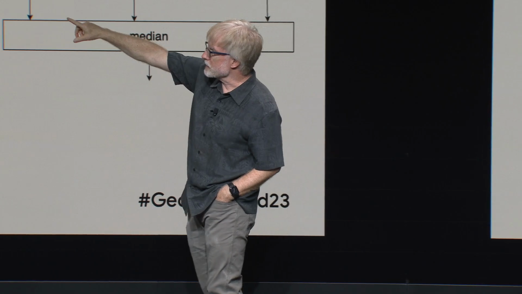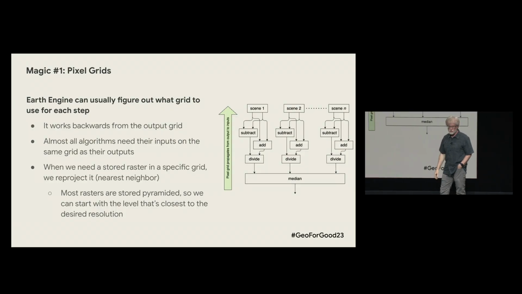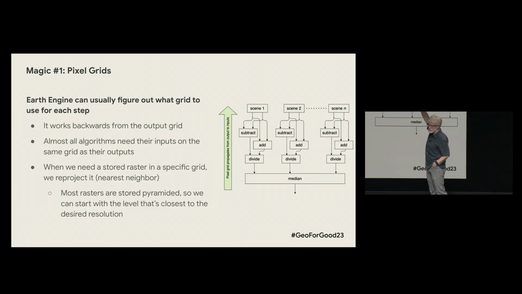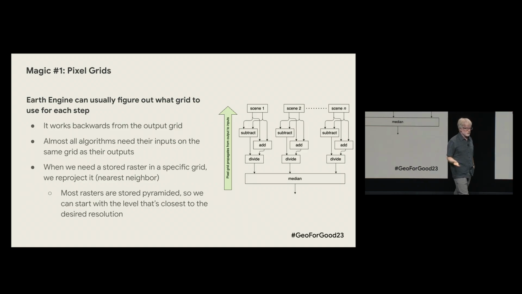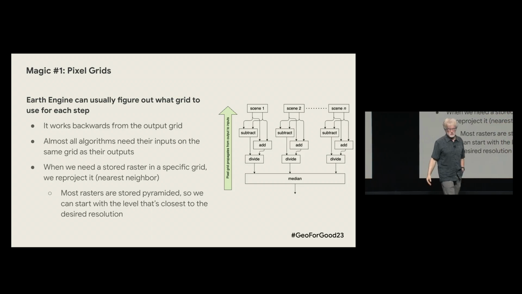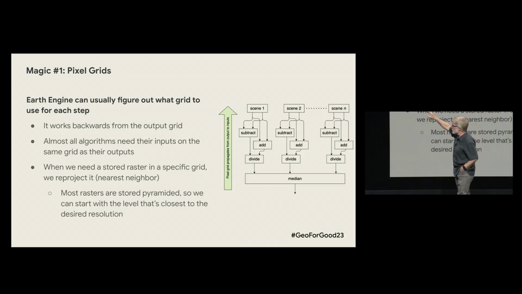And now, following that same rule, algorithms need their inputs in the same grid as their outputs. I can basically work my way backwards and figure out that every single one of these is going to be in that same output projection all the way until I get back to the Landsat scenes. The Landsat scenes are in their stored projection, which is usually a UTM projection at 30 meters, probably.